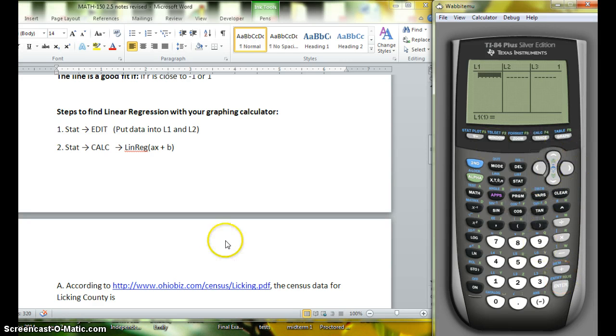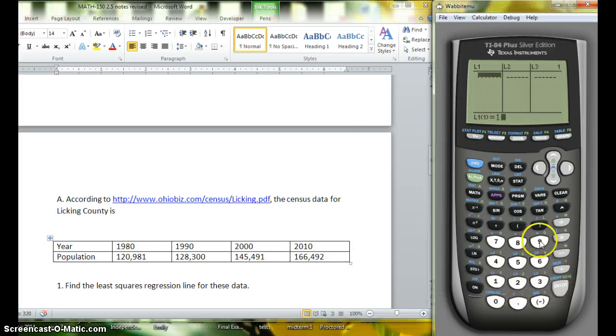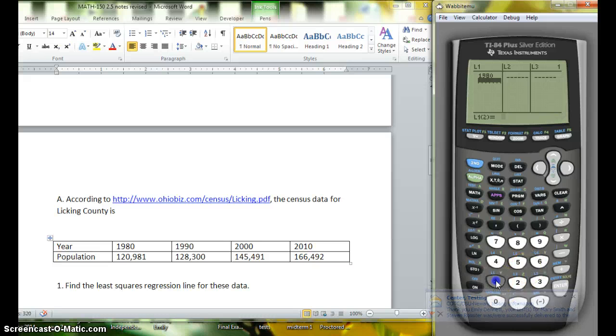Okay, so now mine are cleared out, and we're going to come down here, and here's census data for Licking County. So we're going to put in L1, this first line, our years: 1980, 1990, 2000, and 2010.